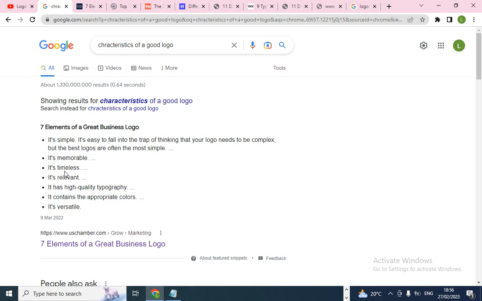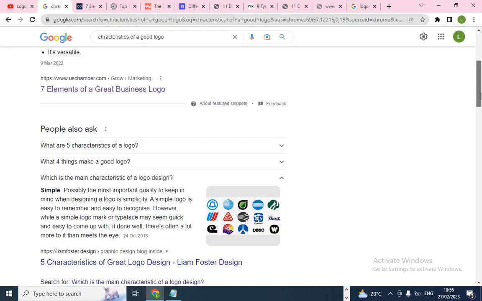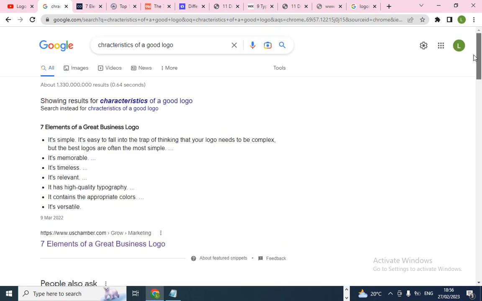Then it should be versatile. That is five. Meaning this logo should be able to be put on different mediums. Besides that, we want to look at the different logo types and when they happen to be used.